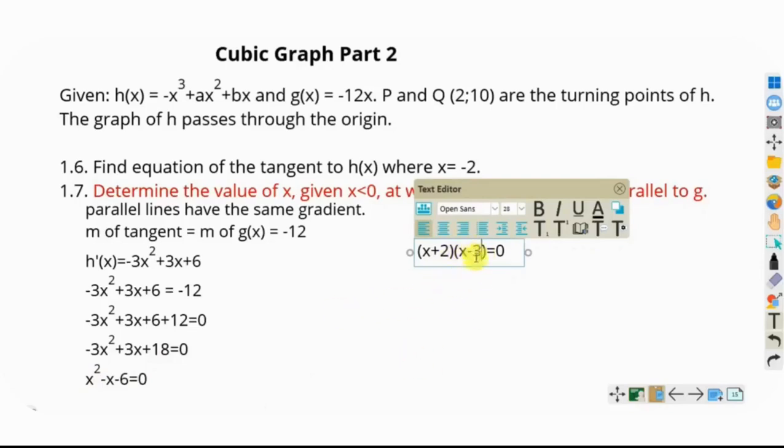Negative 3 times 2 is negative 6, and negative 3 plus 2 is negative 1. So x minus 3 times x plus 2 equals 0, giving x equals negative 2 or x equals 3.